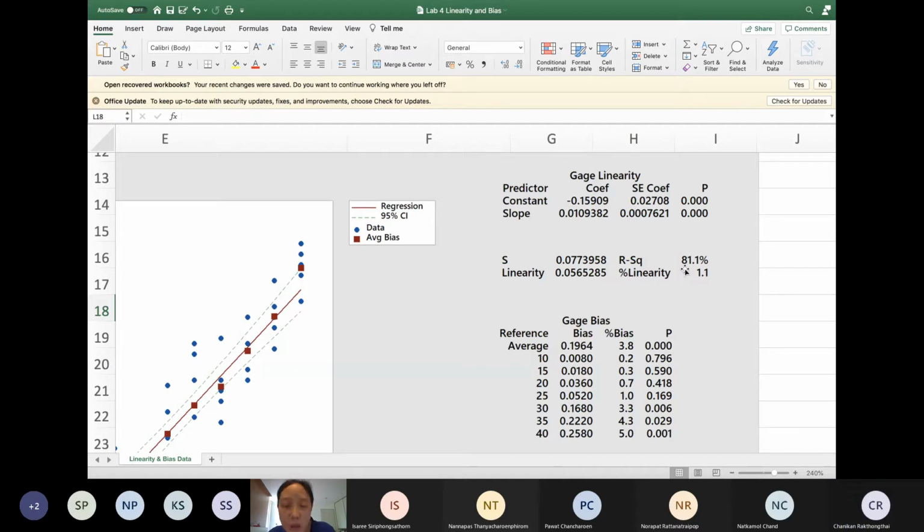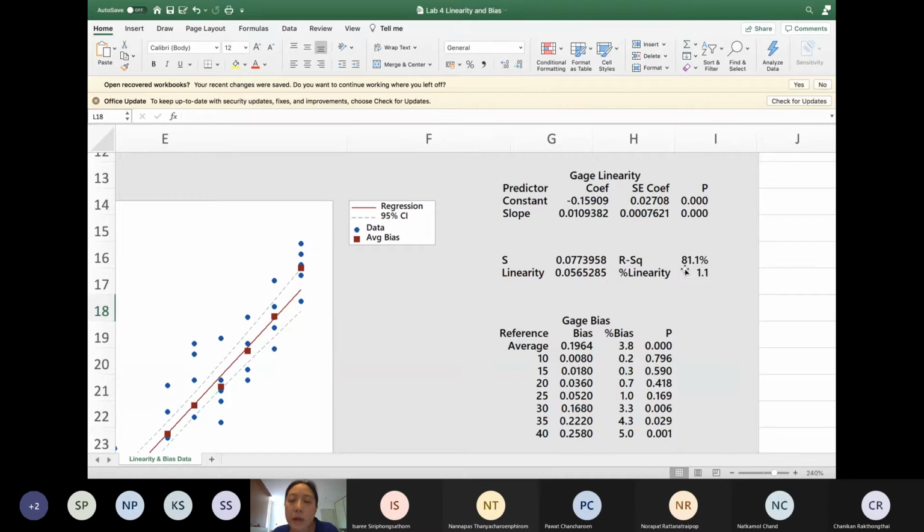Now you will talk about R square. R square means the percentage of the variation of the data that can be explained by the fitted line. If it's 100%, that means this fitted line can explain the actual data points perfectly; it will follow all data points.